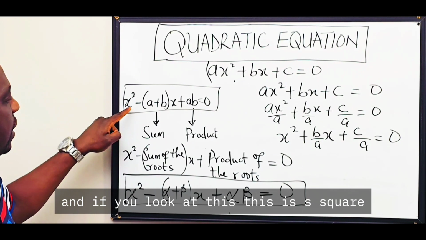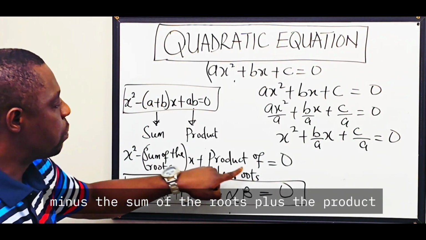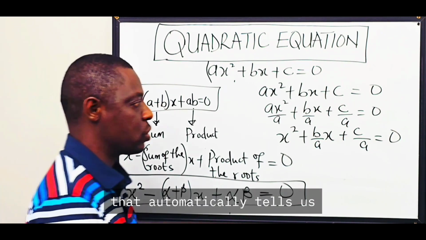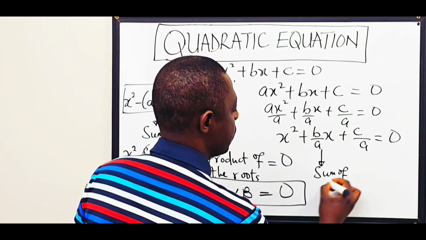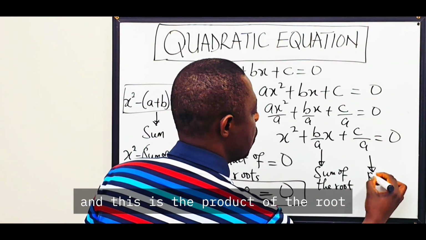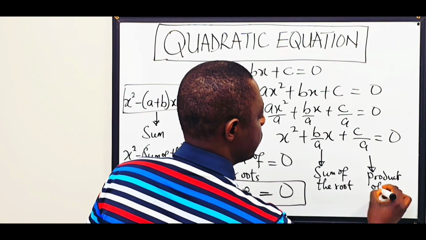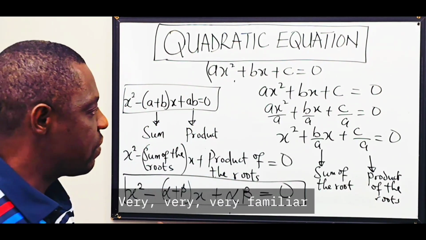And if you look at this, this is x squared minus the sum of the roots plus the product of the roots must equal 0. That automatically tells us that this also is the sum of the roots, and this is the product of the roots. Can you see something very familiar?